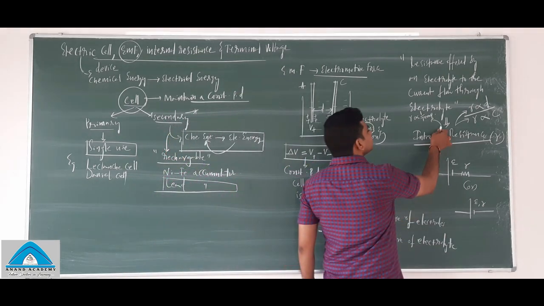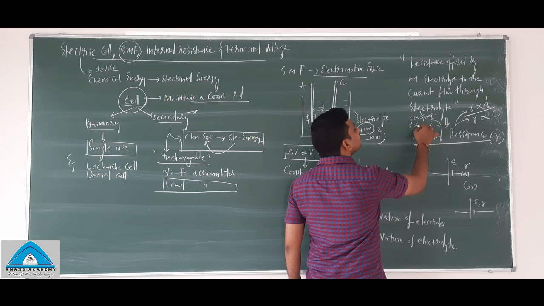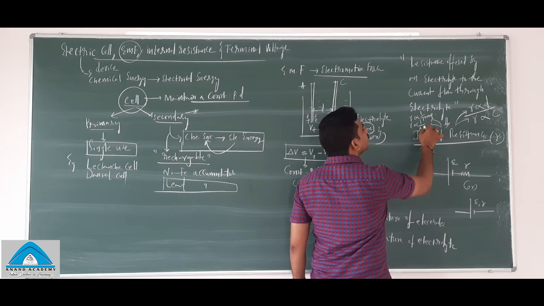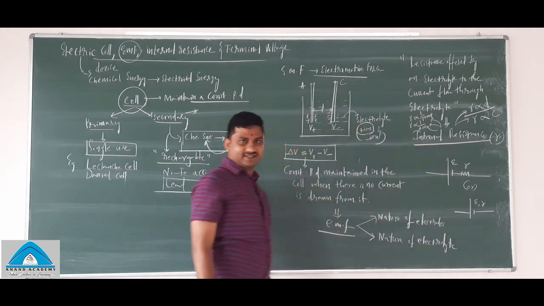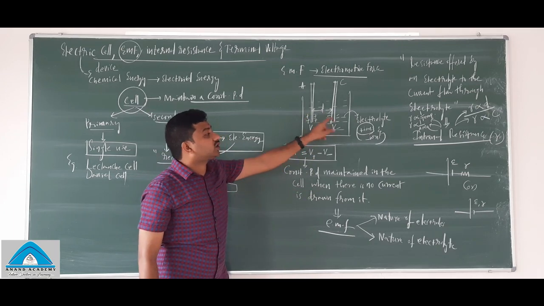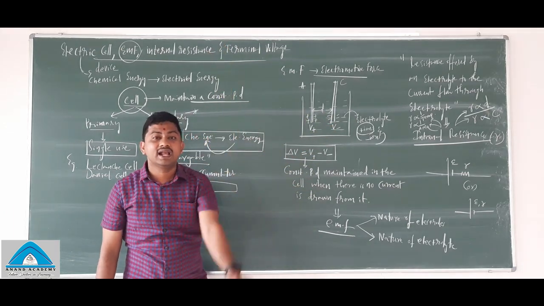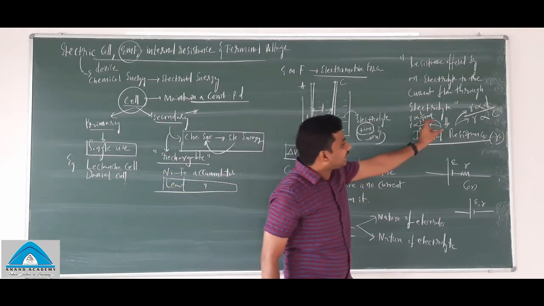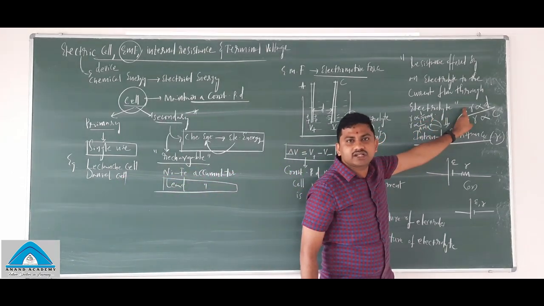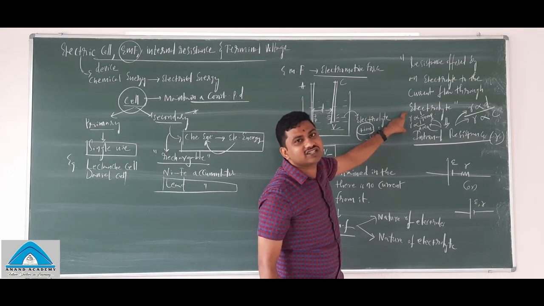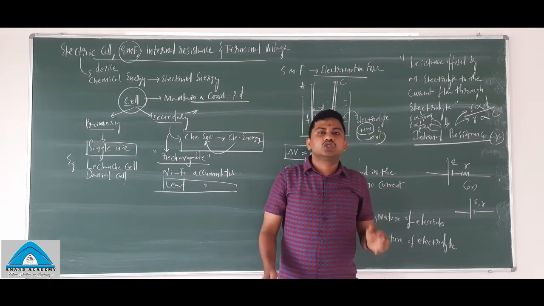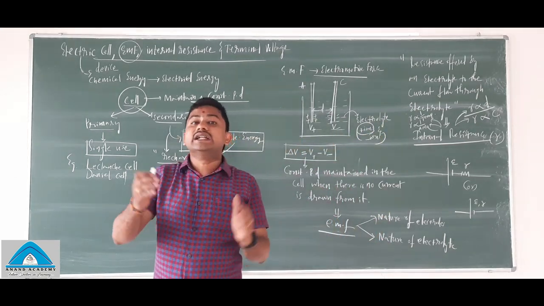The same internal resistance is inversely proportional to the area of the plates. So when the area of the electrode plates is more, internal resistance will be less. Here I have mentioned the directly proportional relationship and the inversely proportional relationships, right? So that's called internal resistance.